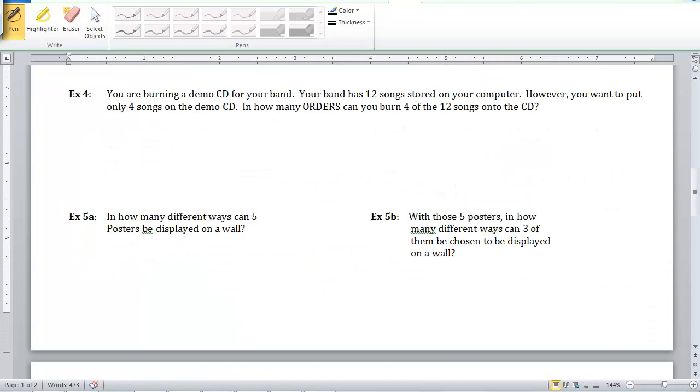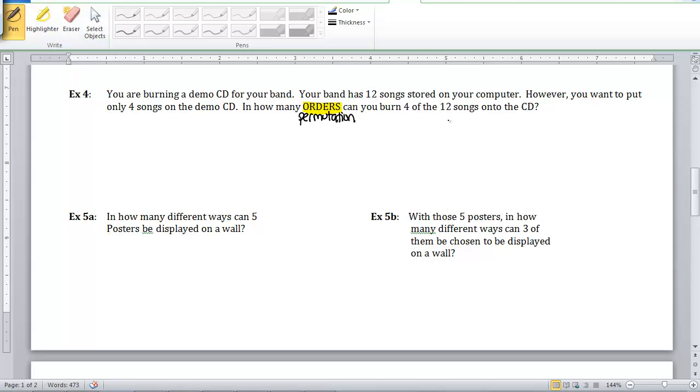In example 4, you are burning a demo CD for your band. Your band has 12 songs stored in your computer. However, you want to put only 4 songs on the demo CD. In how many orders can you burn 4 of those 12 songs? Well, because I know that order is important, that tells me I want to do a permutation.